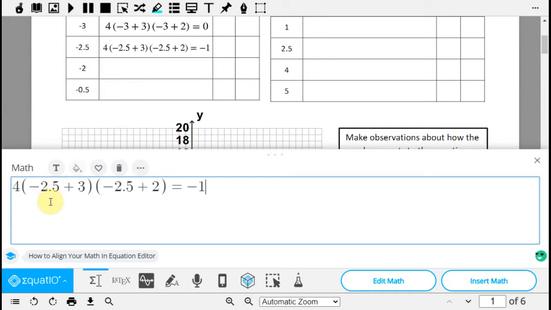Next number is minus 2. And anywhere along the way, it's good to do your mental math. Once again, I see that minus 2 plus 2 is 0. 0 times any number is going to be 0.